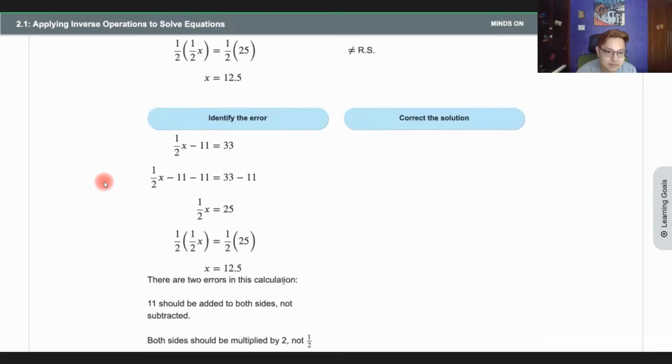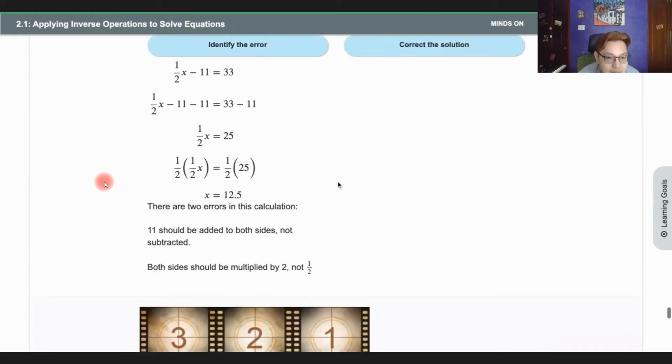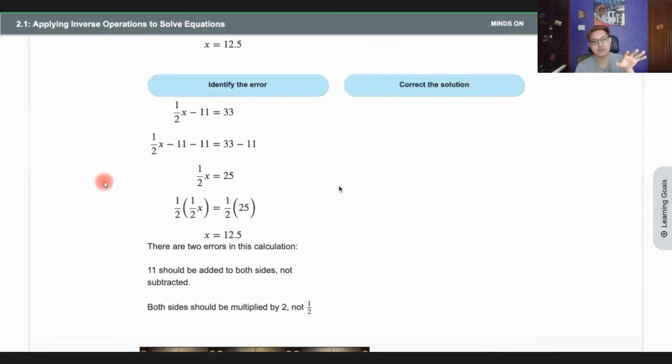Not subtracted, it has to be added. And then there's a second error: both sides should be multiplied by 2, not by half. To eliminate the half, you have to multiply by 2, not multiply by half again. So it's like 2 mistakes.